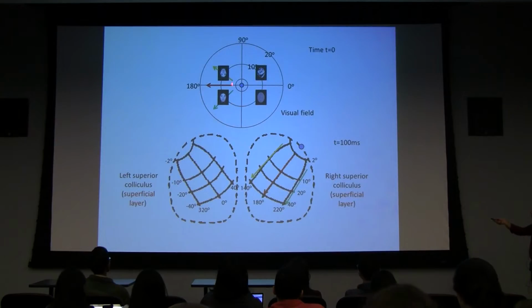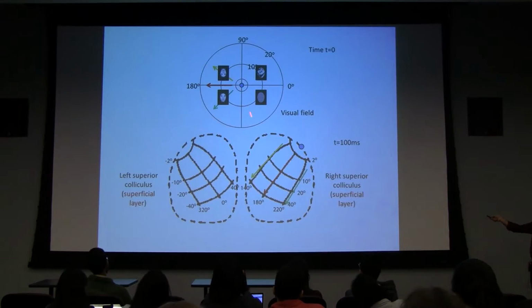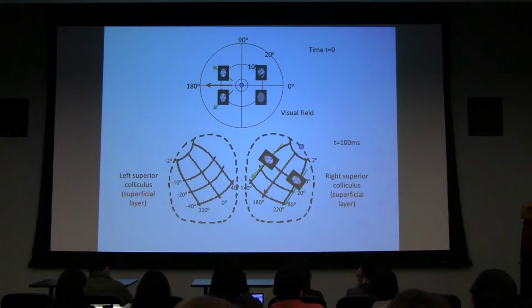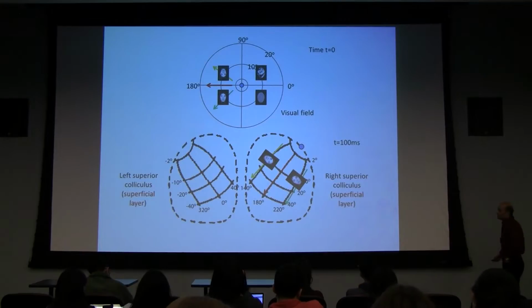So you see how the left visual field is mapped on the right colliculus. And these numbers tell you the degree away from fixation. Here's 2 degrees from fixation, really close. Here's 10 degrees, and then 20 and 40 degrees. Okay? So there would be the upside down face, and here would be the right side up face.